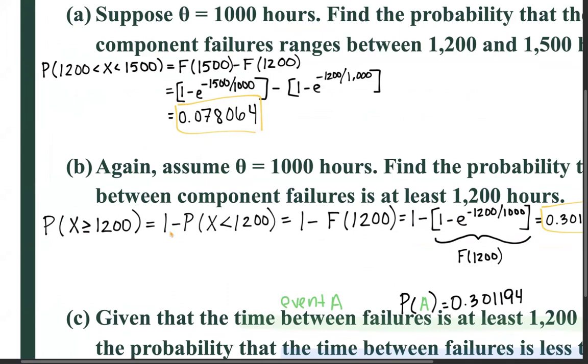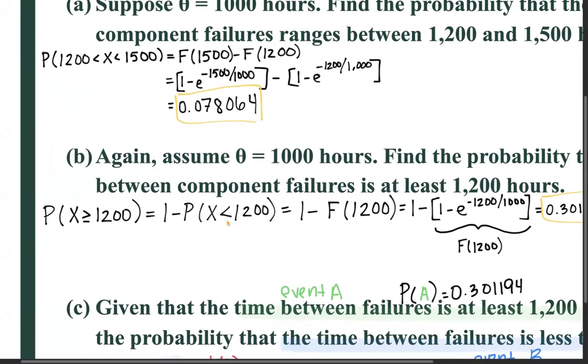That's equivalent to 1 minus the probability that x is less than 1,200. Here, this is the complement of this. We've covered in previous recitations that the probability of something equals 1 minus its complement. That's all I'm doing here.